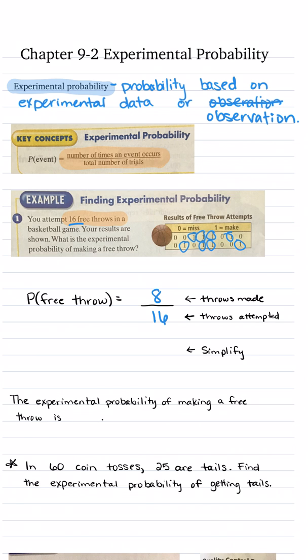If we divide the top by 8 and the bottom by 8, we get 1/2. The experimental probability of making a free throw is 1/2, 1 out of 2. So we're doing an experiment to see about how much it should work.